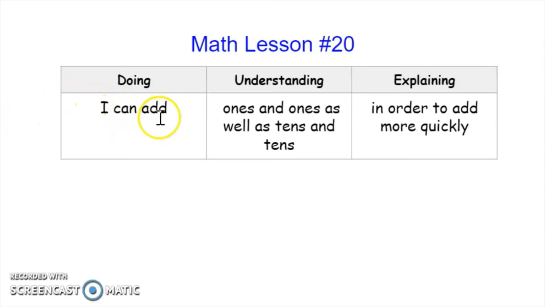I can add ones and ones, as well as tens and tens, in order to add more quickly. So we are going to be adding, and we're going to be thinking about combining ones and ones, as well as tens and tens. And we're doing that because it's going to help us add more quickly.